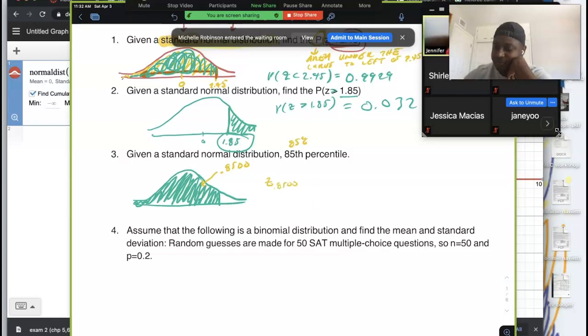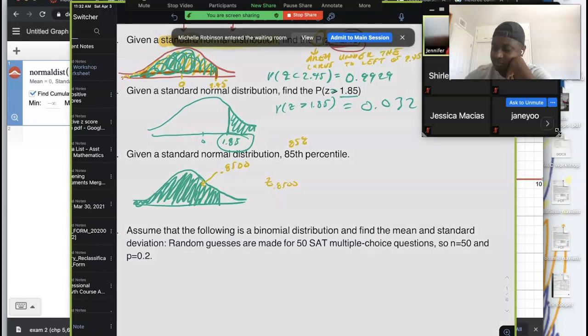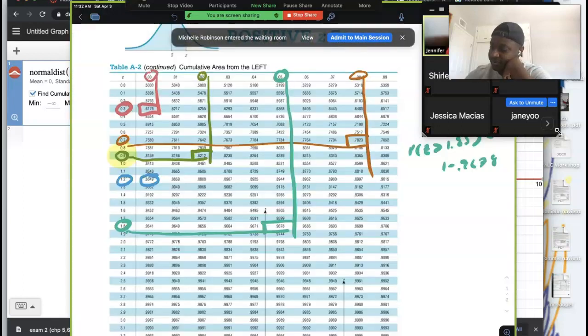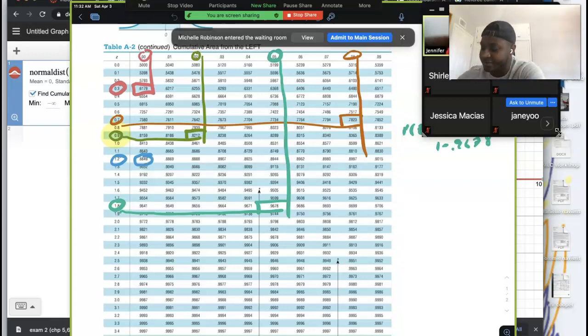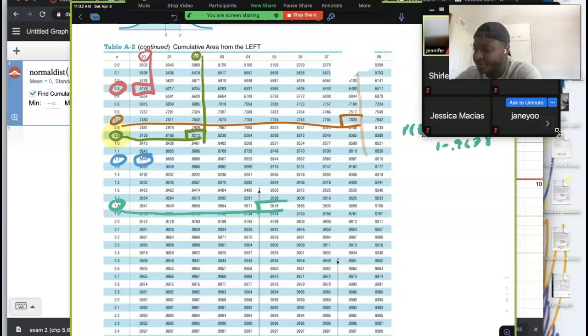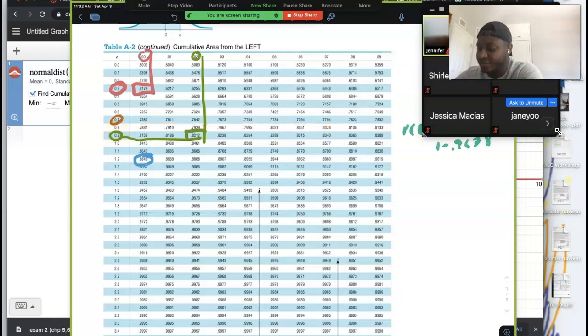So what you would do if you're using a chart is look for 0.8500 in the body of the chart, because everything inside the chart would represent areas. Everything on the outside of the chart would represent your z-scores. So you are going to look for 0.85.